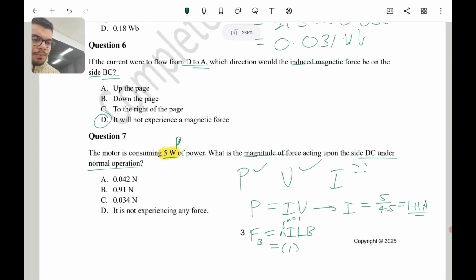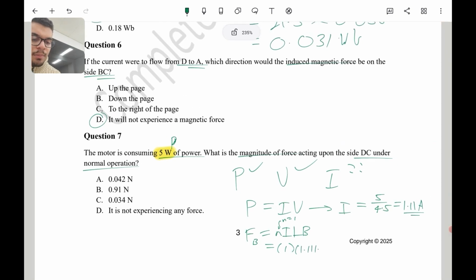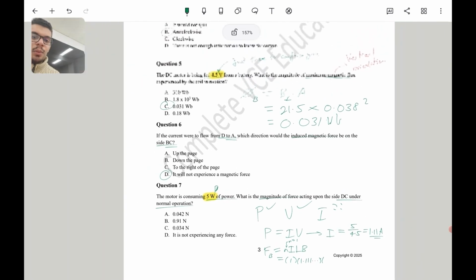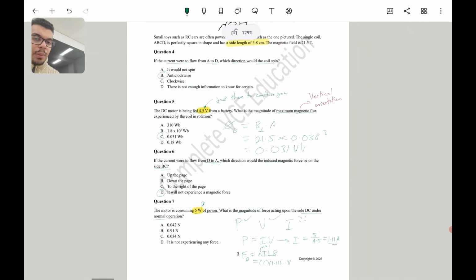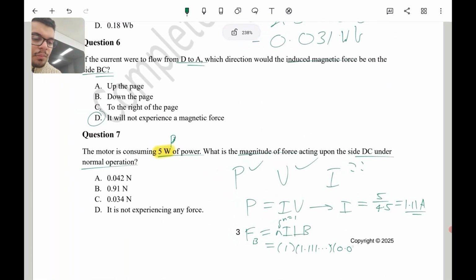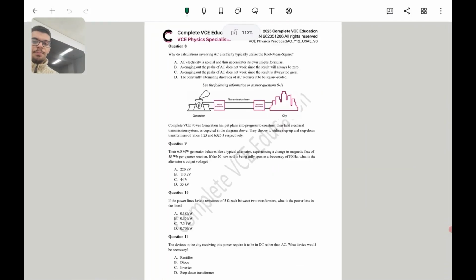So you will multiply 1 by 1.11, so on and so forth, by the length, which we know is 3.8 centimeters. Multiply this by 21.5, and that will give us the answer. All right, so we will get 9.91 newtons.